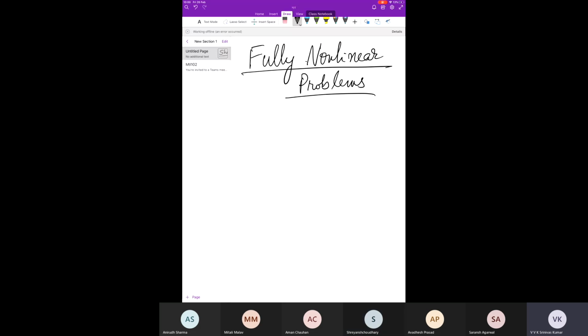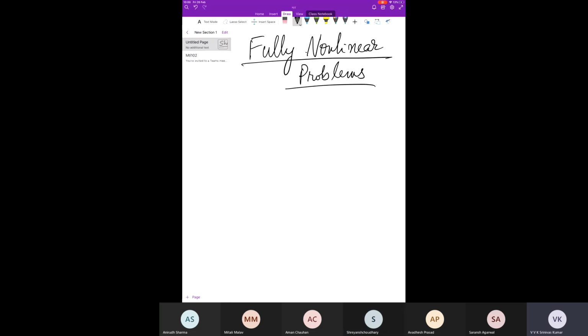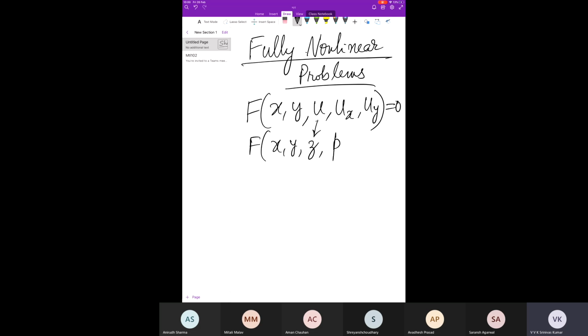So now we are considering the fully non-linear first order equation in two variables x and y. First thing is we call u the z variable, and this as p, and this as q.